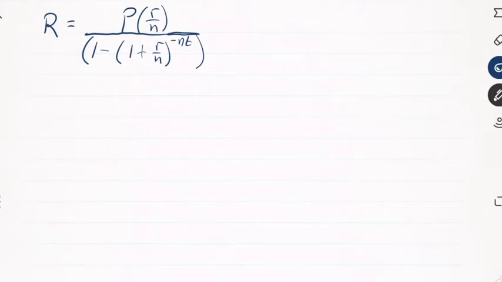And this would be the formula to find the required payment for an amount you borrow, and then the r and the n and the t all represent the same thing in terms of compound interest. The only weird thing in this whole formula, I think, is that negative nt. And I used to teach this formula, but then it became too troublesome for the students to get the answer correct, because this is kind of messy to type into a calculator.